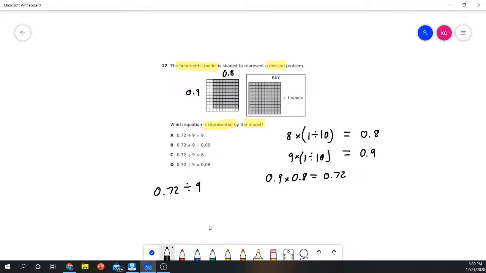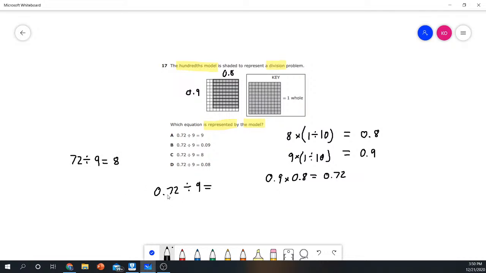And if we calculate this, then that will get us the equation represented by the model. So 0.72 divided by 9 is equal to what? Well, let's first calculate 72 divided by 9. 9 times 8 is 72, so 72 divided by 9 is 8.